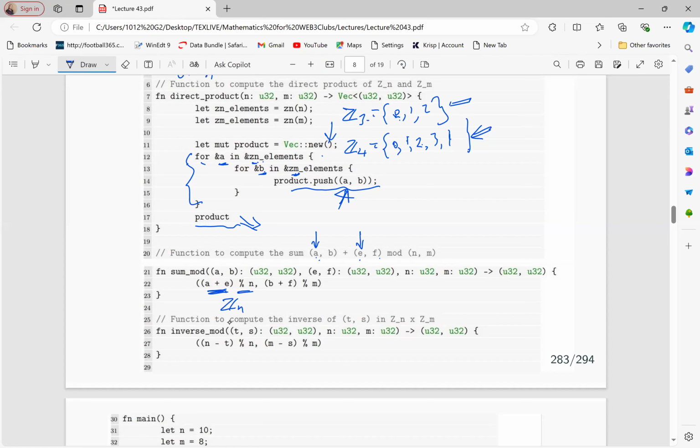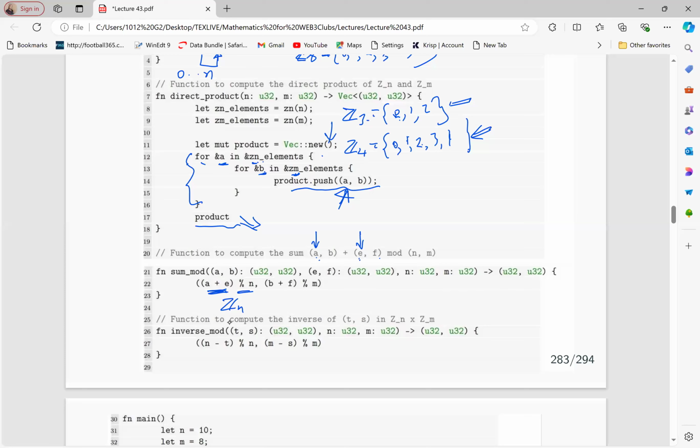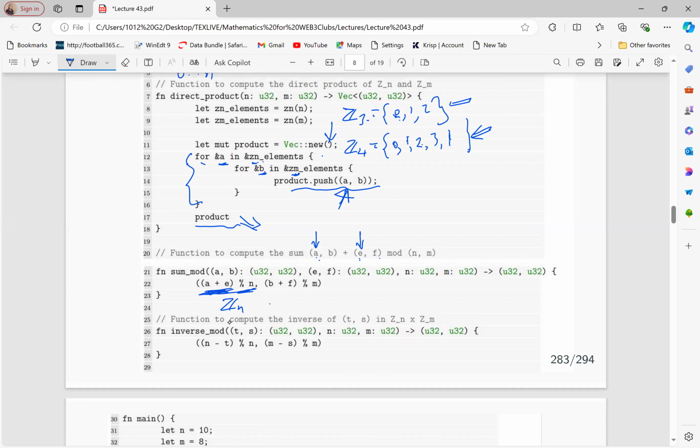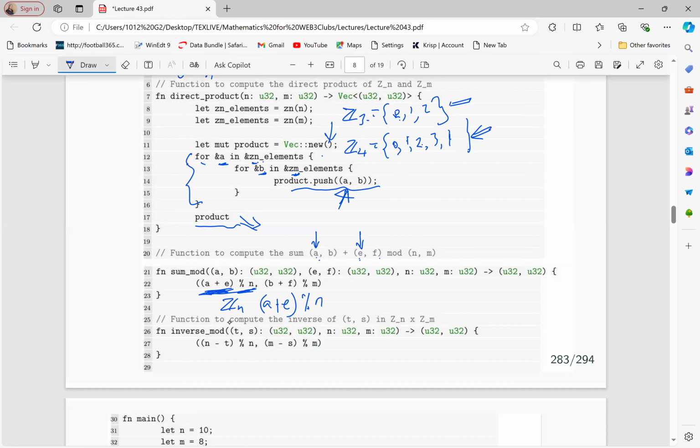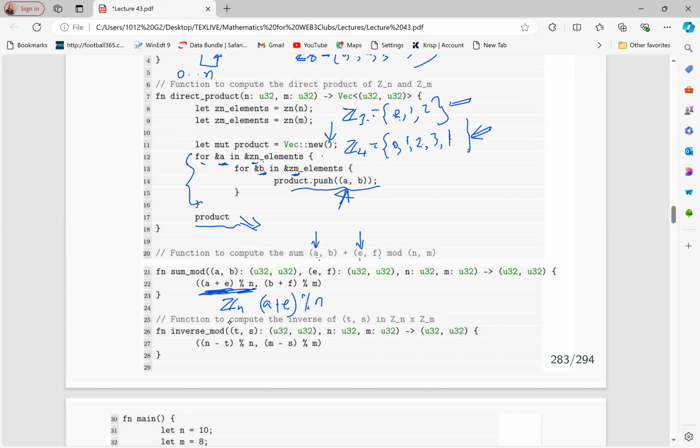So it adds A and E, then divides by N and writes the remainder. This part means the remainder of A plus E divided by N is what is written here.